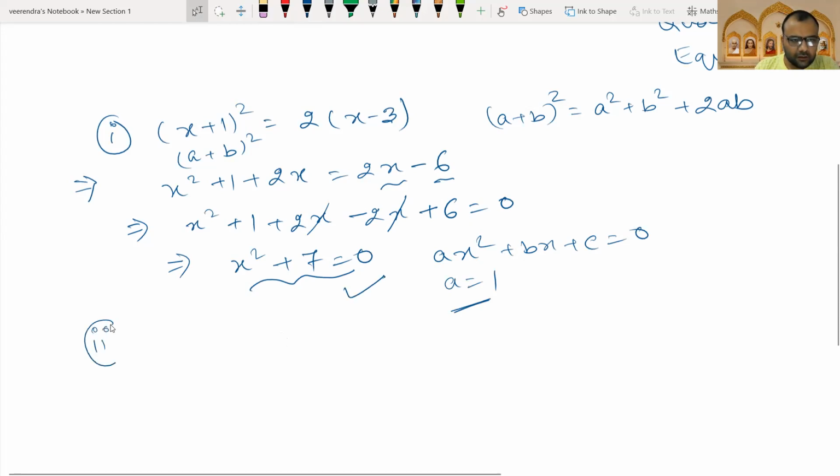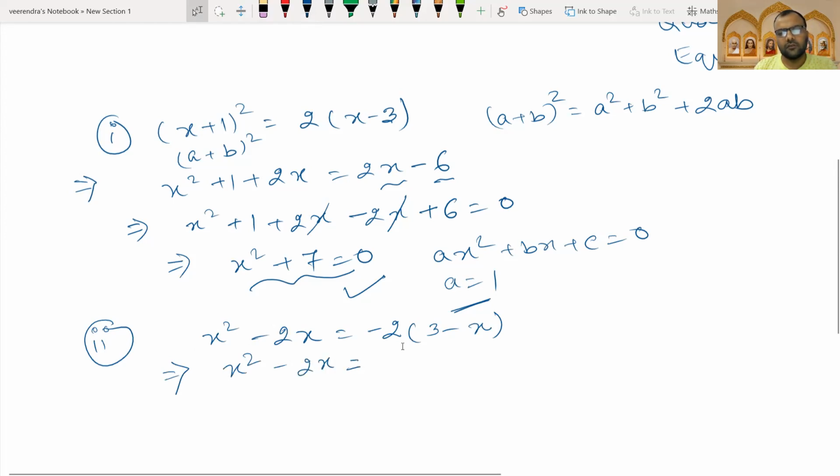Now we will see another problem on the same concept. Suppose we have x square minus 2x is equal to minus 2 into 3 minus x. And we have to identify whether it is a quadratic equation or not. We will multiply minus 2 with 3 minus x. So it will become minus 2 into 3 is minus 6 plus 2x. Now I will take these terms to the left hand side.